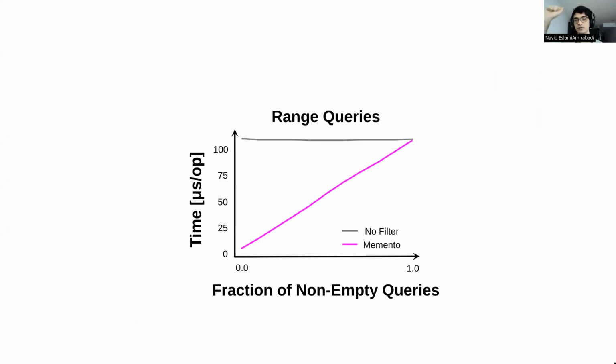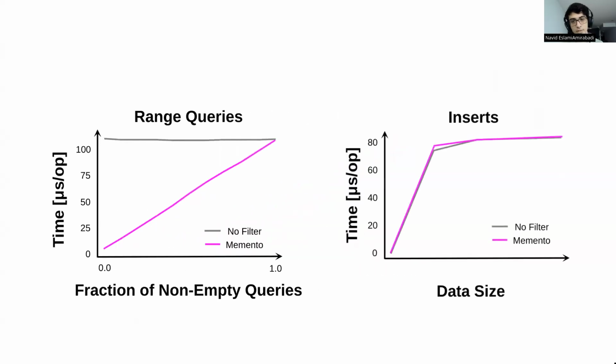And it's smoothly interpolated between the two extremes. Now, this is nice, and it also does not come at a cost of insertions or ingestion capability. As shown, having Memento filter in the system and trading off some of the memory of the database for Memento filter does not adversely influence the performance of the database.